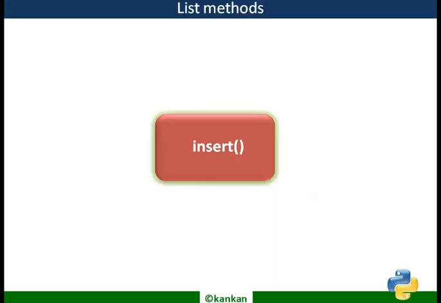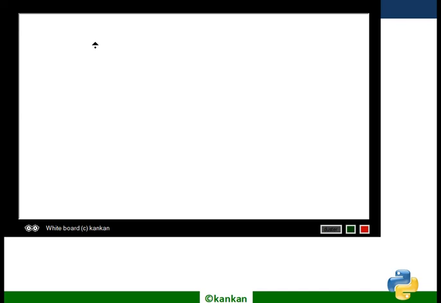In this particular position, the value will be inserted. So, how will that be inserted? I am writing the syntax. The name of the method is insert, and suppose this is the list object, and I would like to insert some item.